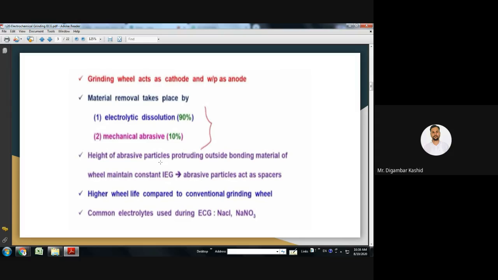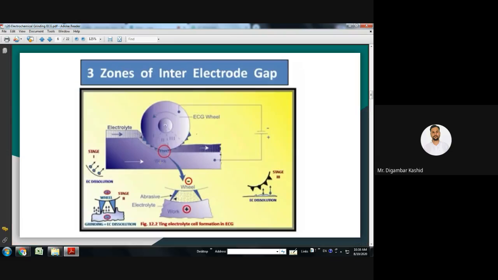In electrochemical grinding, the grinding wheel and your workpiece are dipped inside the electrolyte chamber, and after usage you can recirculate the electrolyte after filtration. You have to filter it before the recirculation during the machining operation.